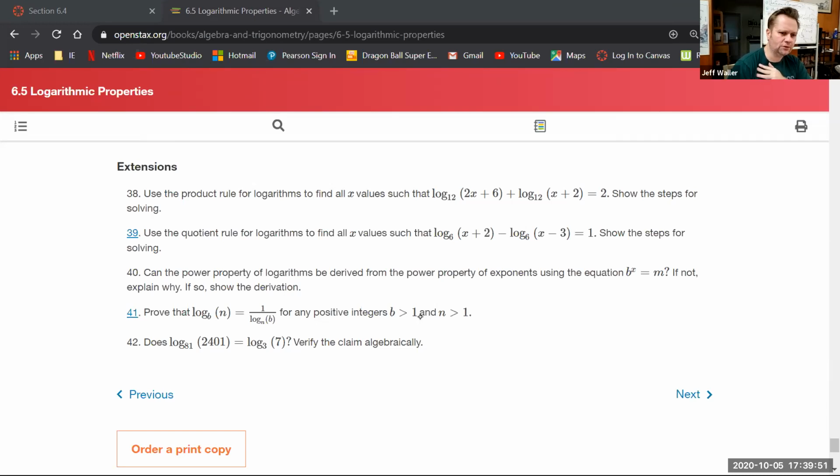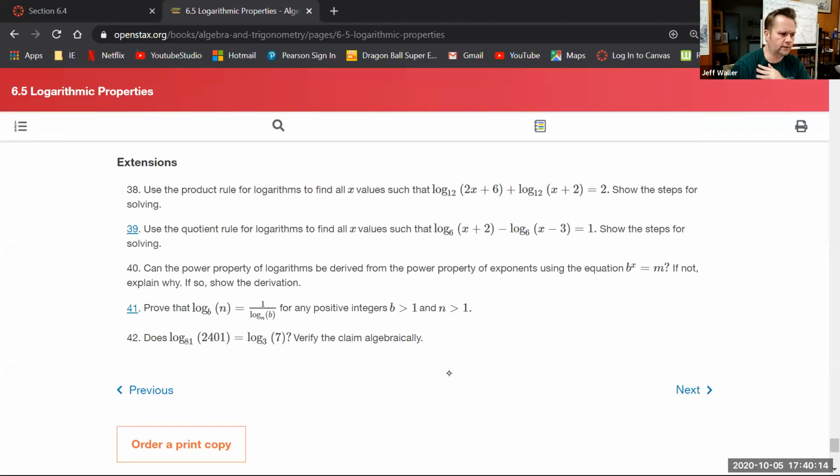If this is true, that means the power 81 needs to become 2401 is somehow equal to the power that 3 needs to become 7. And I'll tell you one clue: 81 and 3 are connected very directly. So you should be able to use that fact to help you rewrite this and just play around with it.